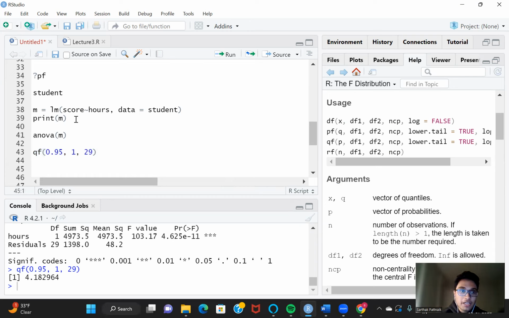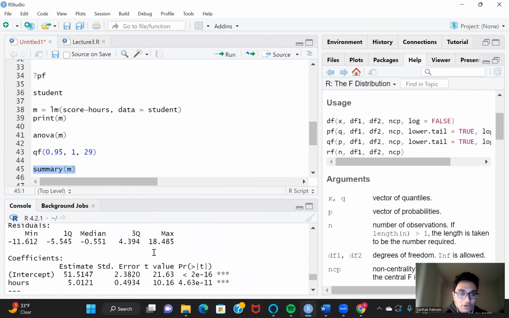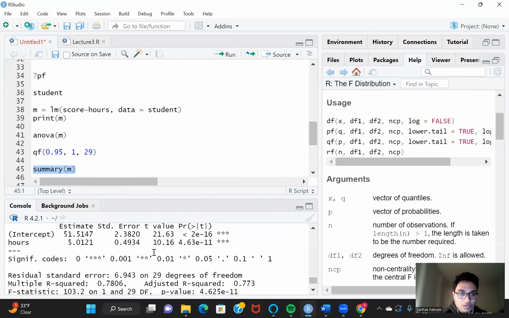In our previous session, we already created the model and we passed it to the ANOVA function to get our ANOVA table. There is another function in R called summary function. If you pass your model to the summary function, it is going to give you a much more detailed result when it comes to your model parameters.